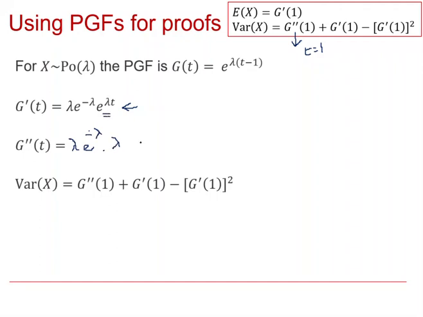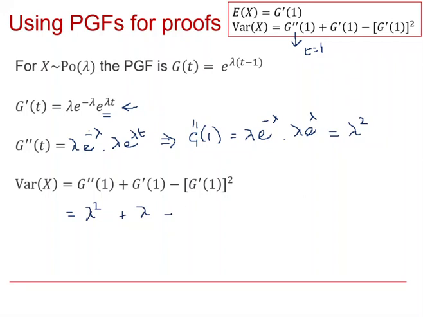And if we differentiate e to the lambda t, we get lambda e to the lambda t, and therefore substituting 1 in to that second derivative for t, we just get lambda e to the minus lambda, lambda e to the lambda, and that simply gives us lambda squared. Therefore the variance for the Poisson distribution would be lambda squared plus lambda minus lambda squared, which is equal to lambda.